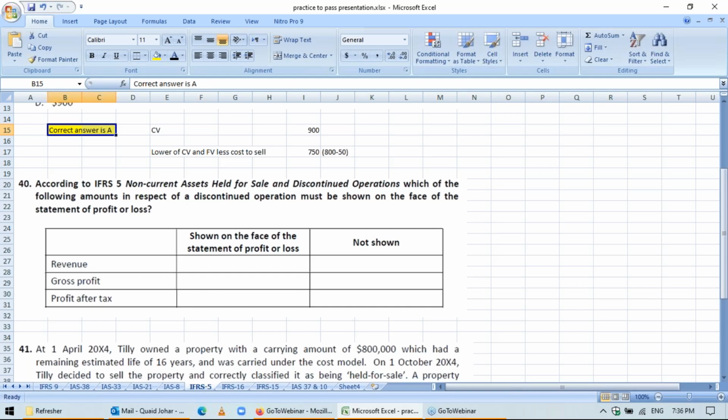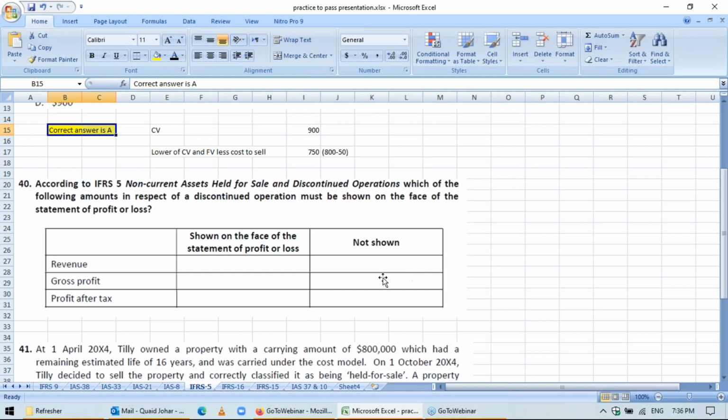Then you will add the profit or loss of the discontinued operation to the details of the continuing operations to arrive at the net profit for the year, right? But the details of revenues and expenses of the discontinued operation will not appear on the face. They will appear in a note to the financial statement, and they should not be mixed with the continuing operations once you have decided that the operation is a discontinuing operation.